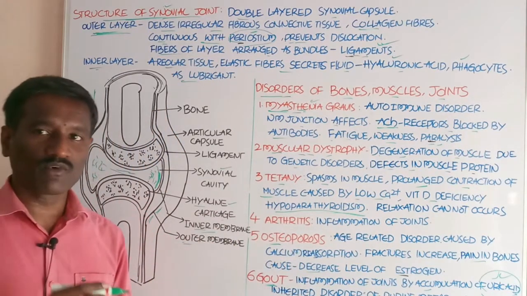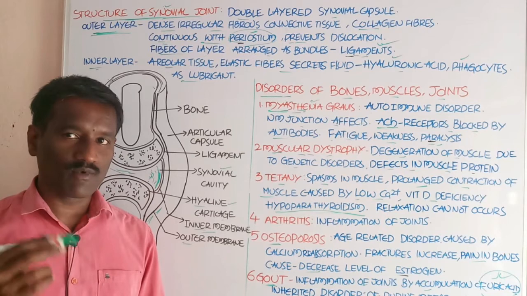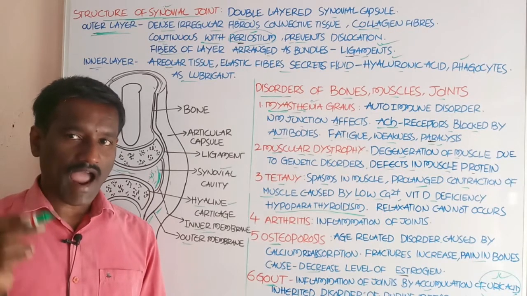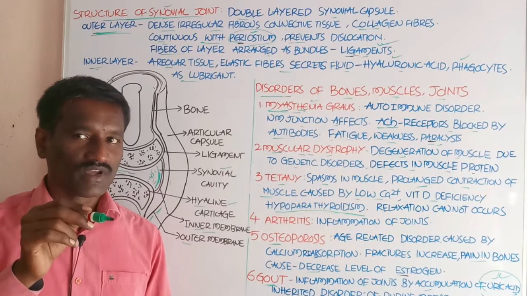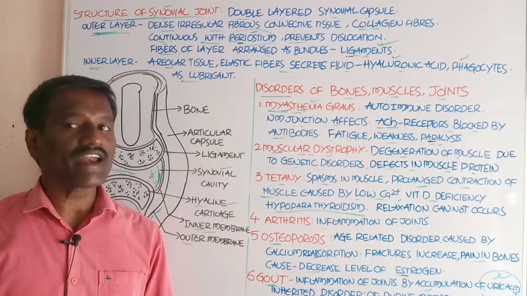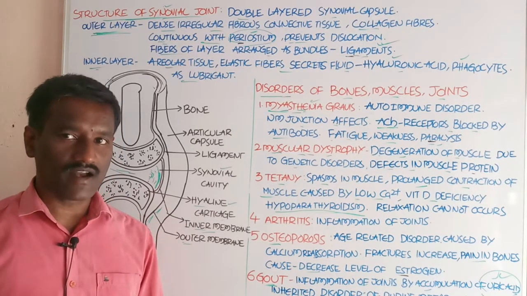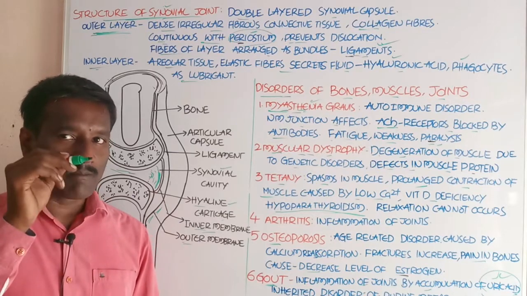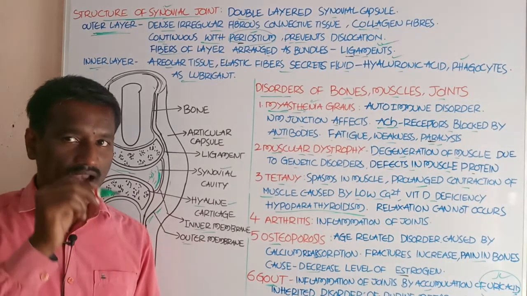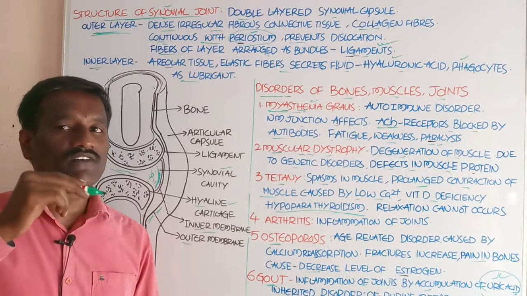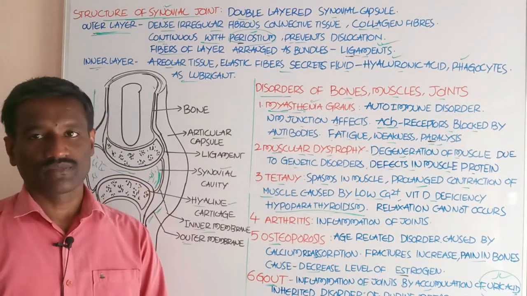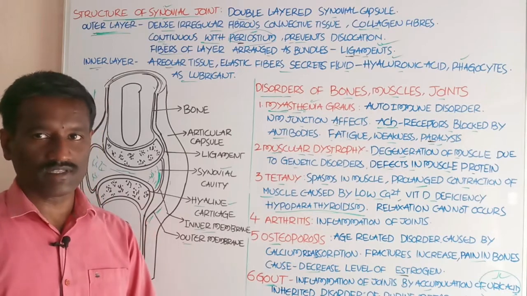hypoparathyroidism. What about the situation of hypoparathyroidism? Parathormone is a hormone that is not secreted from the parathyroid gland. Parathormone helps increase the level of calcium in the body fluids.